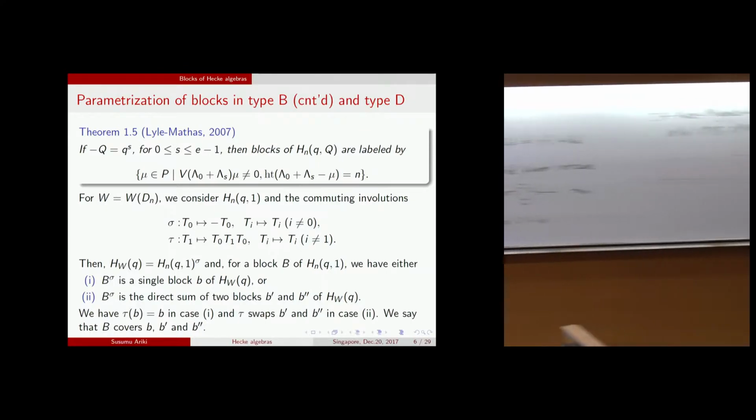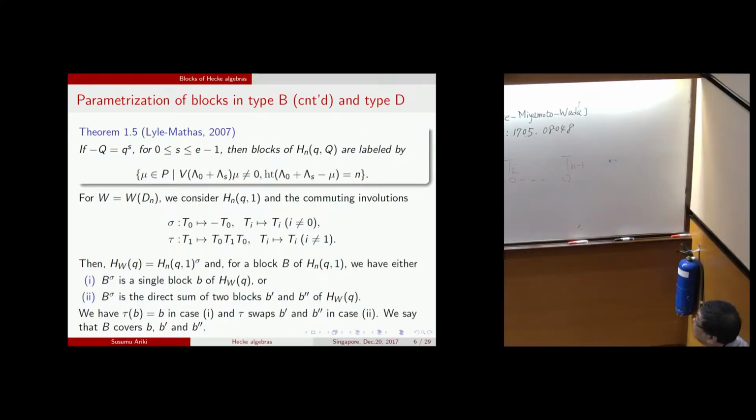This is by standard argument on covers of blocks and Clifford theory, basically. So B is fixed by this automorphism in case 1, and tau swaps B prime and B double prime in case 2. In the first case, we say that capital B covers b, and in the second case, we say that capital B covers two blocks B prime and B double prime.